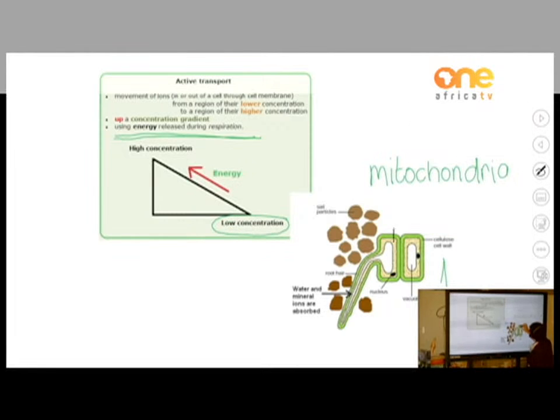And we draw this with a ruler. Good. To produce the energy that is stored in the molecule of ATP, so that energy can be released to move the minerals up a concentration gradient.